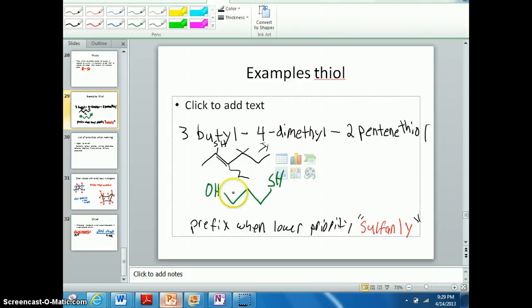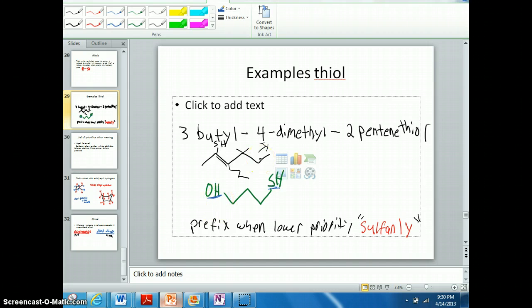And here, moving on to this next molecule, this is kind of a clash. Here we have our thiol over here, and we have our alcohol over here. And now, as we'll learn later in our list of precedence, this alcohol is actually going to take priority over this.